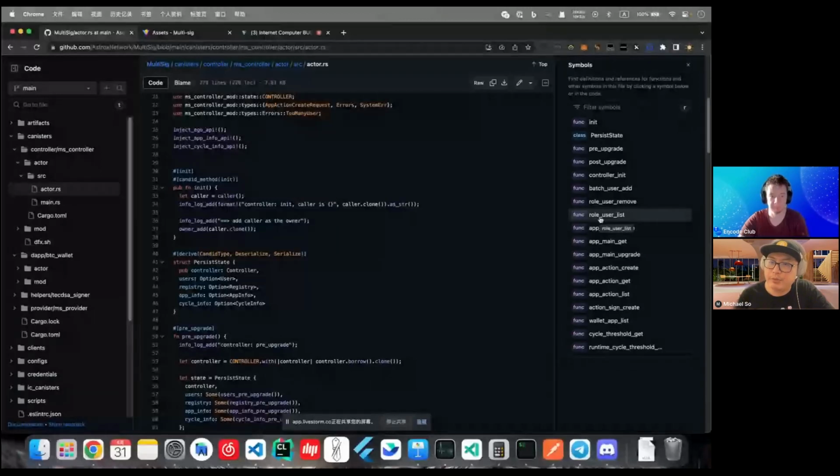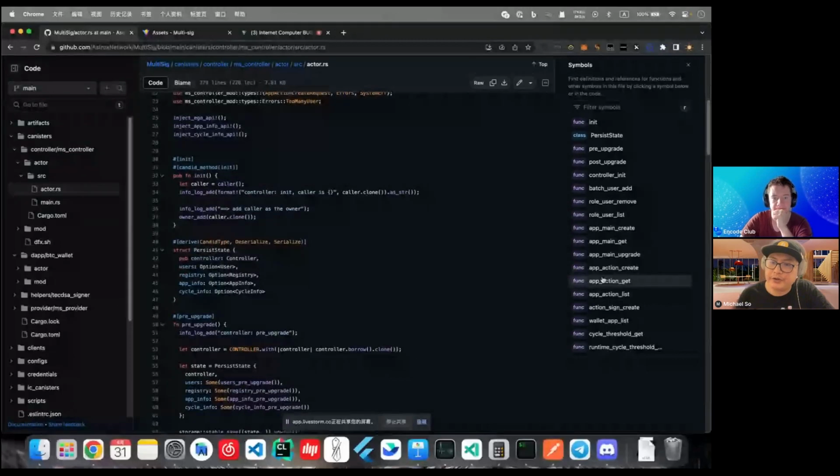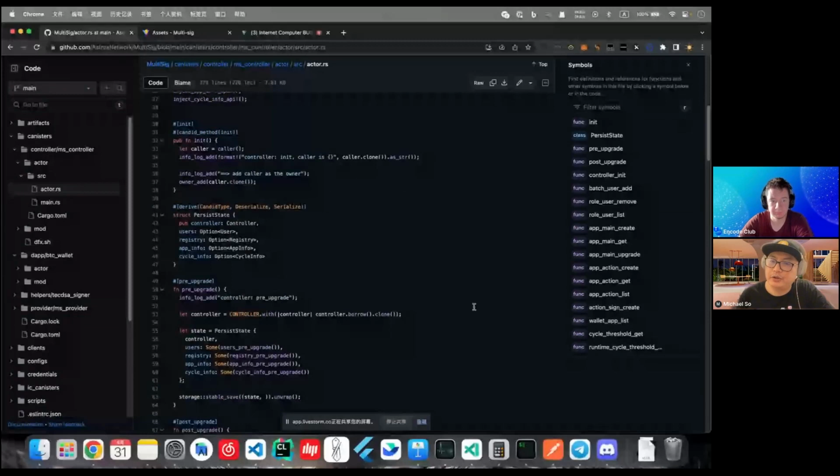We can also remove some users from the wallet. And then we can create actions, like initiating the transaction. We can list all the actions we need, and we can sign the transaction. We use the controller to manage the user's role and the actions.